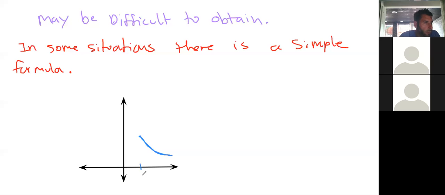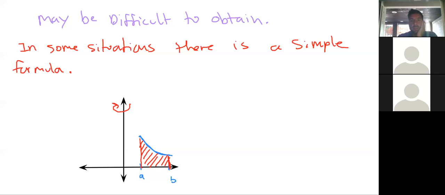And so let's call this A, let's call this point B. And what I'd like to do now is take this red shaded region and rotate it. This time, I'm going to rotate it about the y-axis.